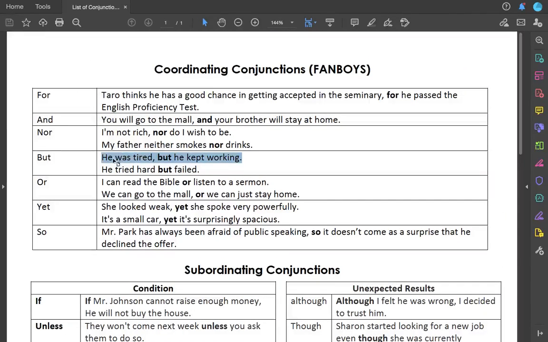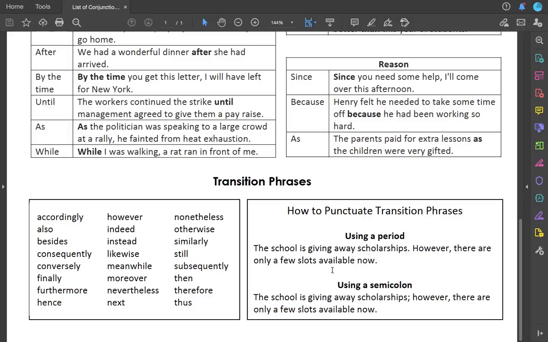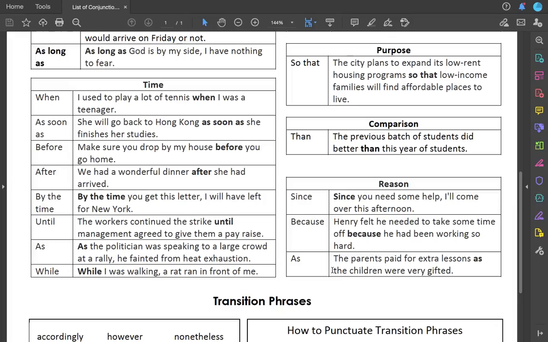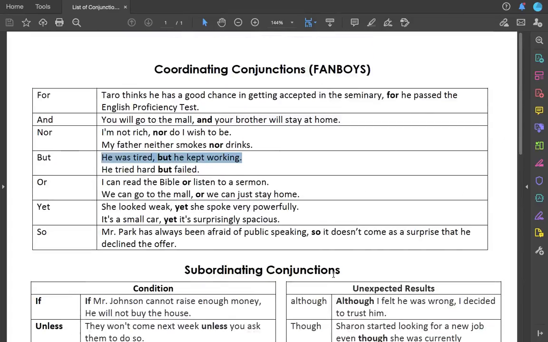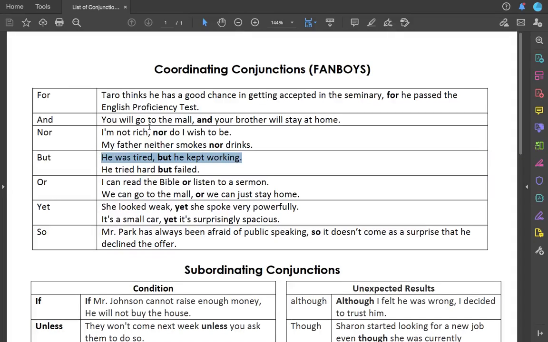You can look at but, although, and however, and realize that they do have almost the same meaning. Not totally, because we do know that although and but are used differently. Nevertheless, I'm using a transition word, we can see that they are punctuated very differently.